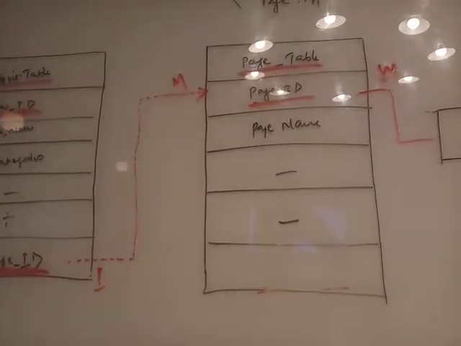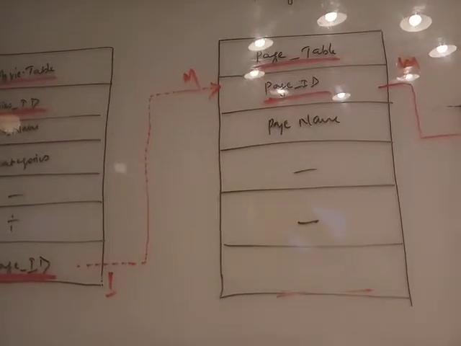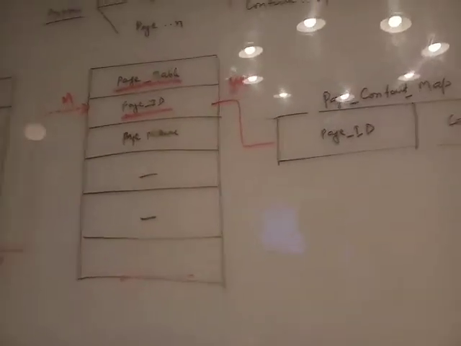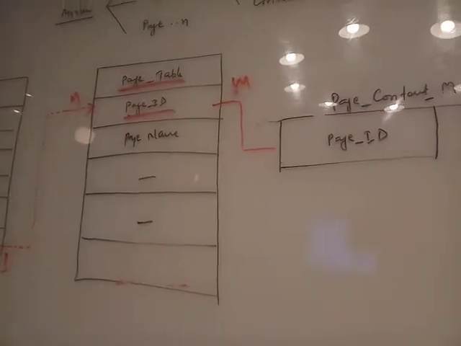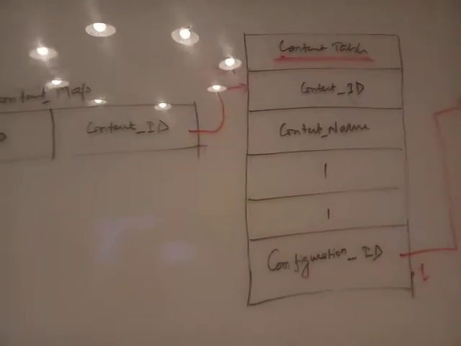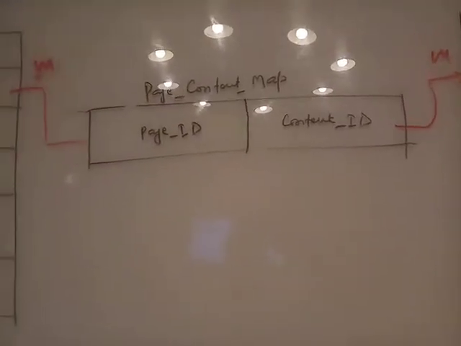So in the page tables, you have a page ID, page name, and a few more pieces of information depending on the requirement. And then you have a many-to-many relationship between the page tables and the content tables. So to map the content tables and the page tables, here is a many-to-many relationship.